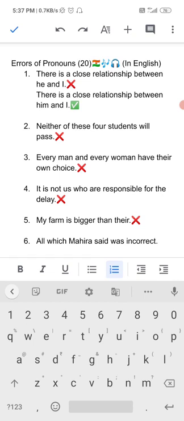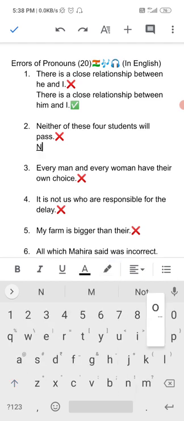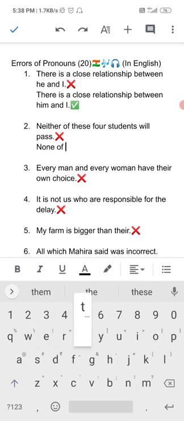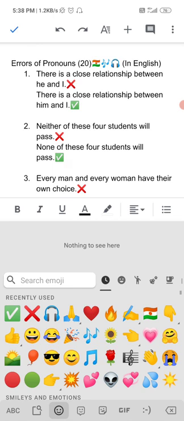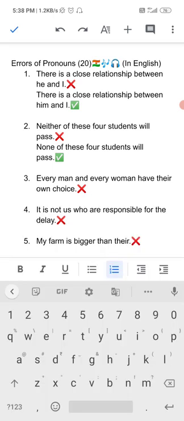So in the negative sense we have to use none in place of neither, because neither goes with 2 entities and none goes with more than 2 entities. So replace neither with the word none. None of these 4 students will pass. This is correct. Question number 3.